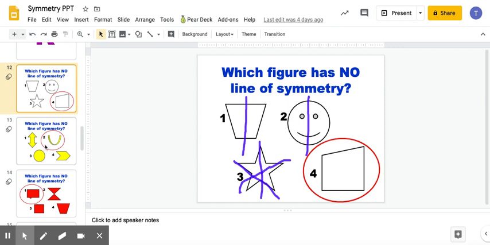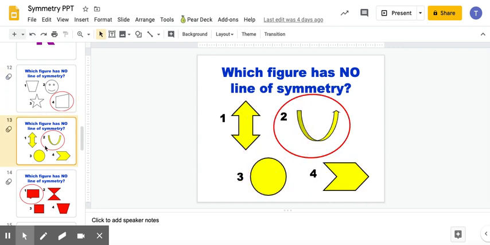Looking at this example, it asks, which figure has no line of symmetry? So let's look at your arrow. If I draw a line here and cut it in half, it'll be the same size and same shape on both sides. And I could also cut it in half here, and it would be the same on both sides. Number 2, I cannot draw any kind of line of symmetry to make this look the same on both sides.